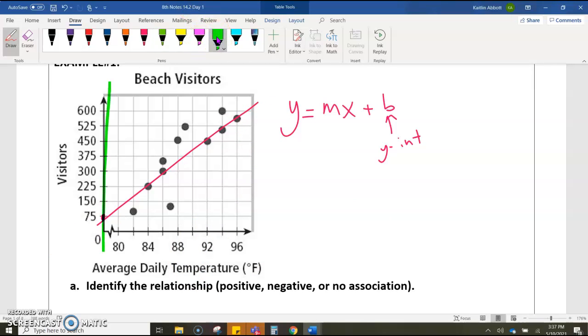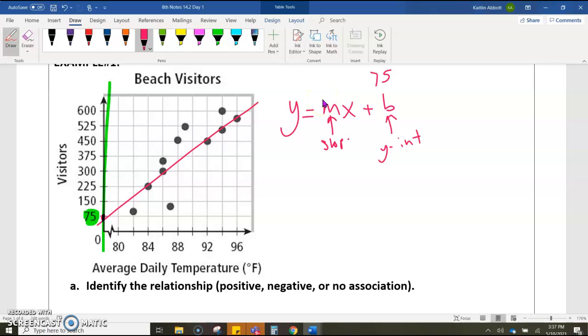Where does this line go through the y-axis? 75. You are correct. I know mine is not that straight, but we're going to round and get close. So in my equation, b would be 75.